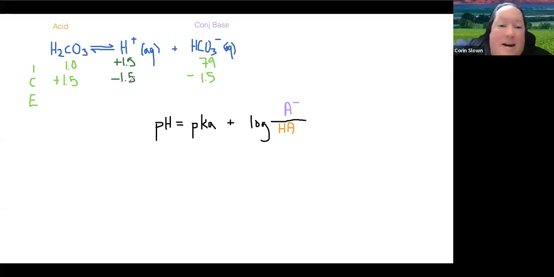But your call, you can shortcut that as you wish. All right, so what does that mean for our equilibrium? Let's think about that. So in this case now, we have 2.5, right? And now we have 78.5. And then because we know the pKa, we can plug that in. So 6.3.